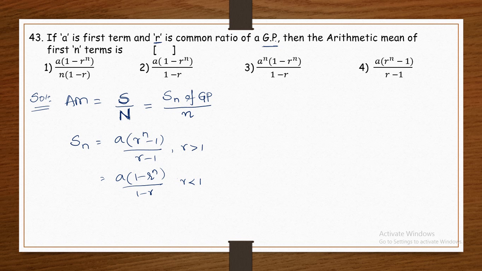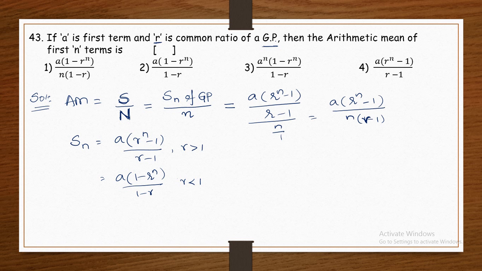On substituting, the mean is A into (R power n minus 1) by (R minus 1), divided by n. I can write this as A into (R power n minus 1) by n into (R minus 1).